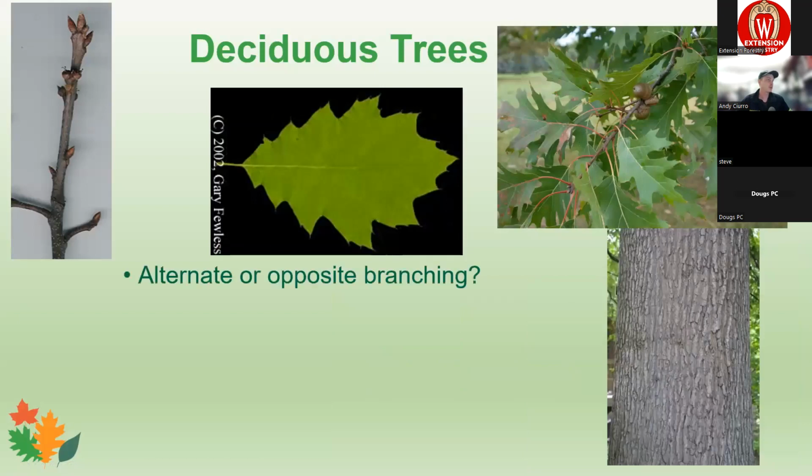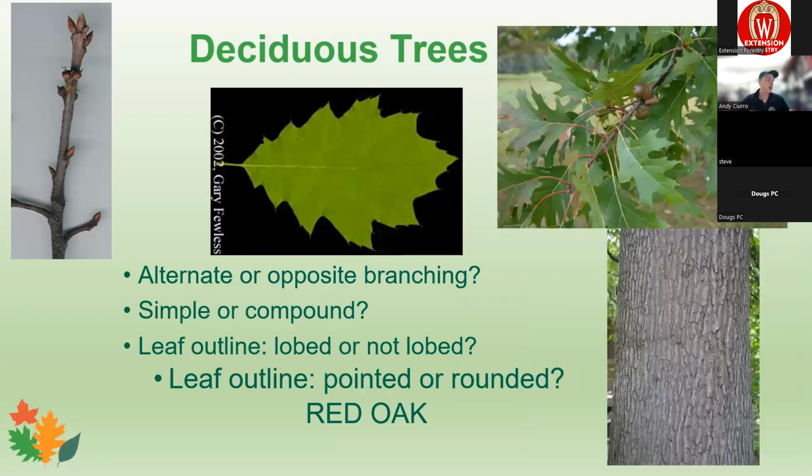Okay, just want to mention our last example here. Oak is pretty easy to identify just based on leaf shape, if you have the leaves out. It has that characteristic lobed pattern.